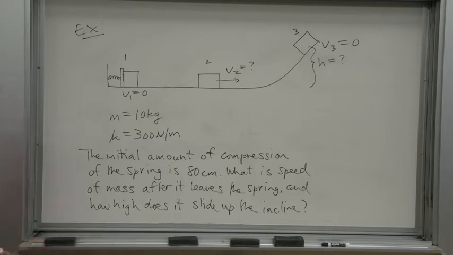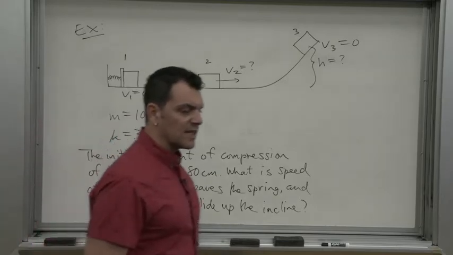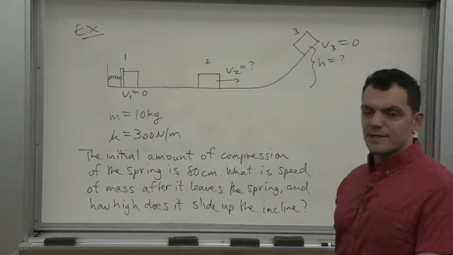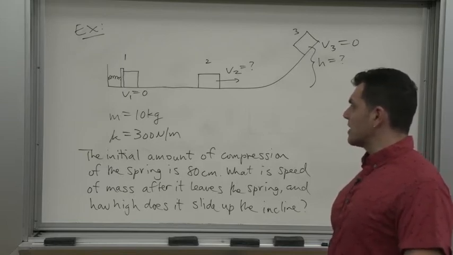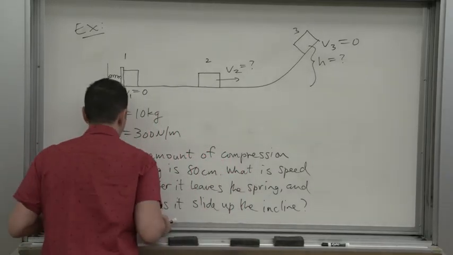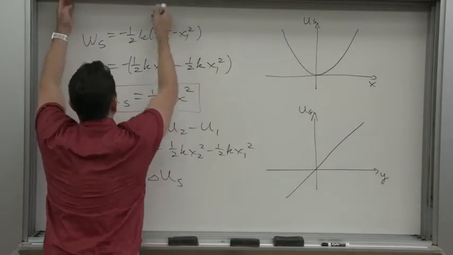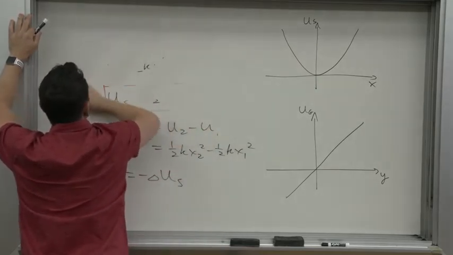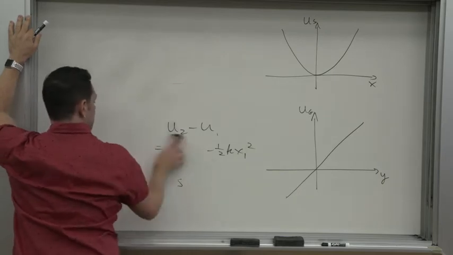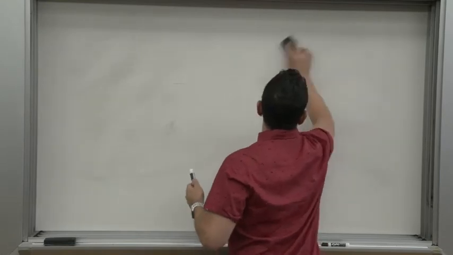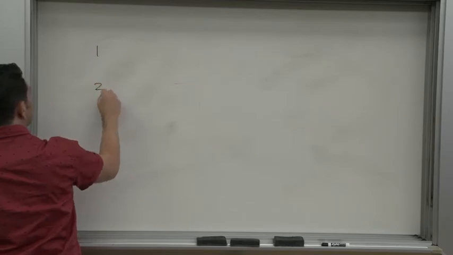We need to figure out in all three of these cases what the kinetic energy and the potential energy of this mass is. So we're going to need a chart. Let's take a look at different points: position 1, position 2, position 3.